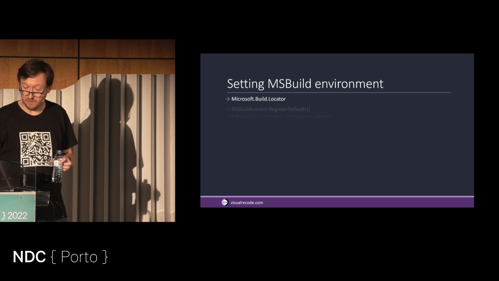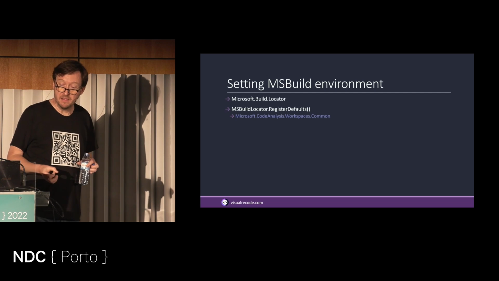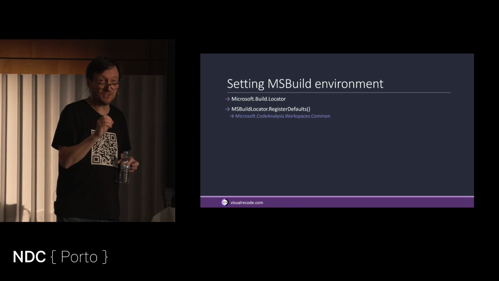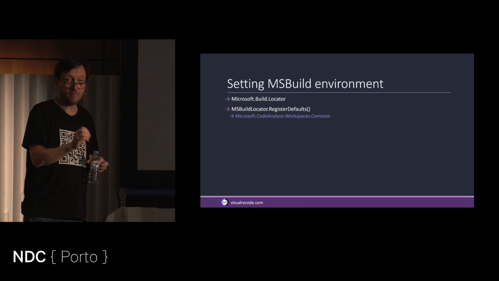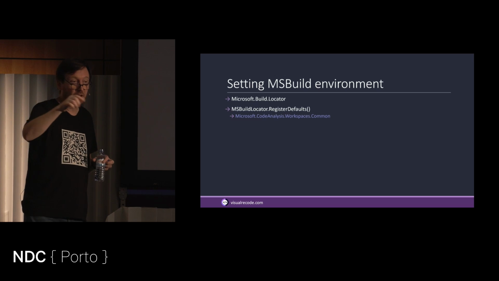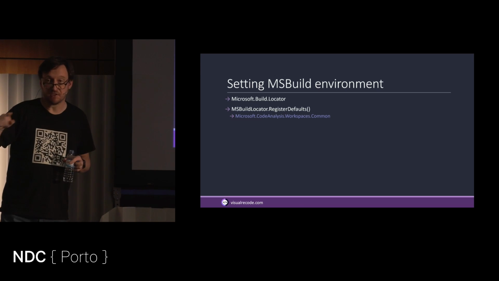So for MSBuild, we have to use Microsoft.Build.Locator, and we install that package, and then the first thing we do in our program, and I mean literally, like class Program, Main, MSBuildLocator.RegisterDefaults.